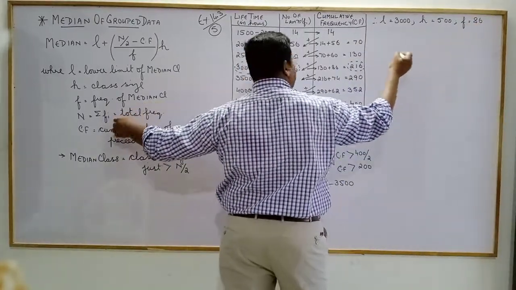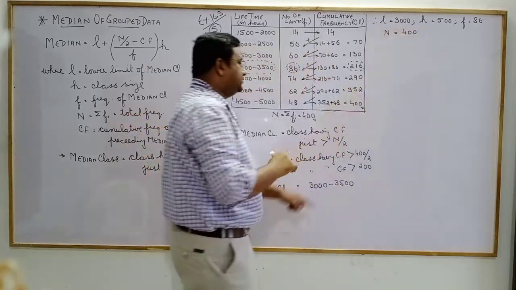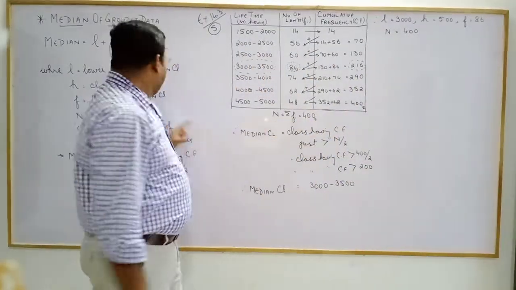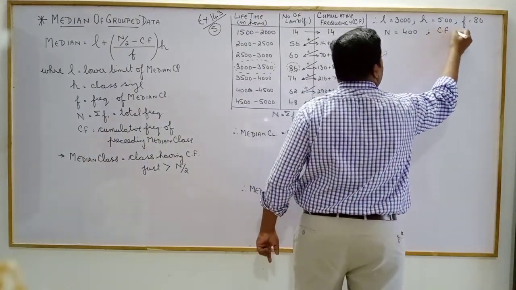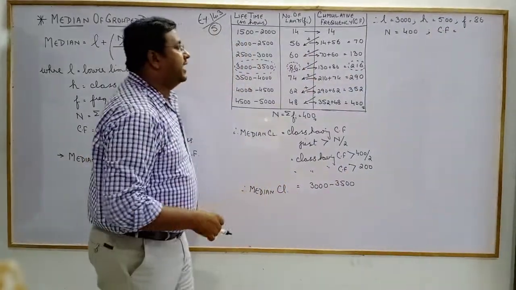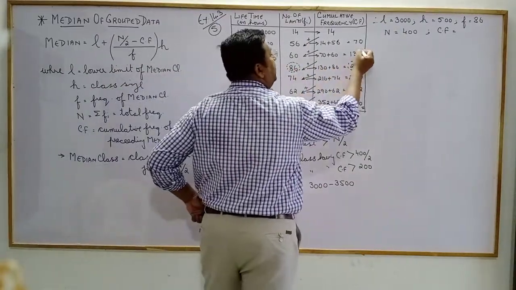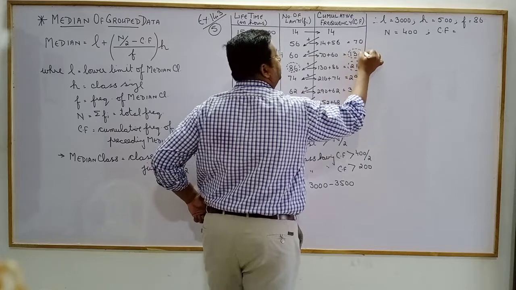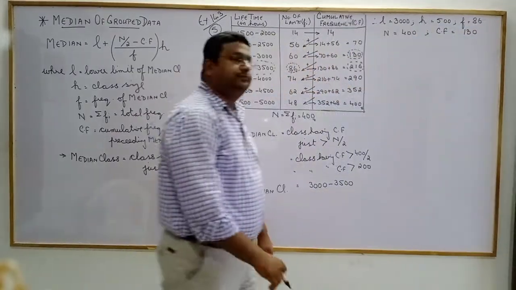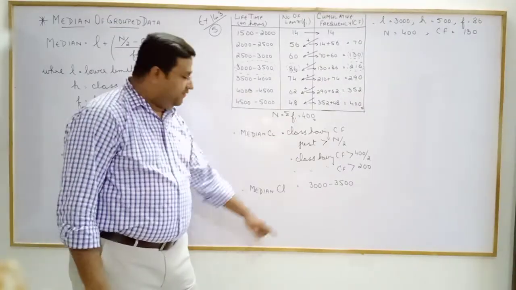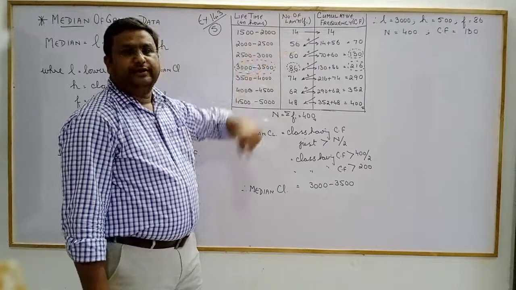Then N or sigma Fi, N is 400 already given to us. We have also calculated. And then CF, cumulative frequency of the class preceding the median class. This is our median class, preceding that, before that. So this will be the cumulative frequency. Clear? Any confusion? Firstly, we will calculate the median class, and after calculating the median class, we get the values.